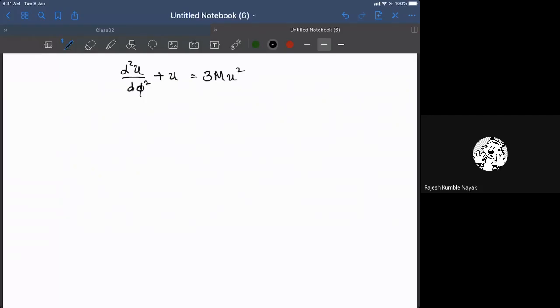So that is the lowest order term: d square u0 by d phi square plus u0 is equal to 0. This is a simple harmonic oscillator. There is no source term also. So we can simply write down the solution as some constant into cos phi. We can have a phi naught too, but we can ignore that.